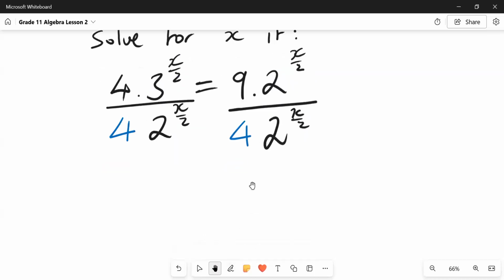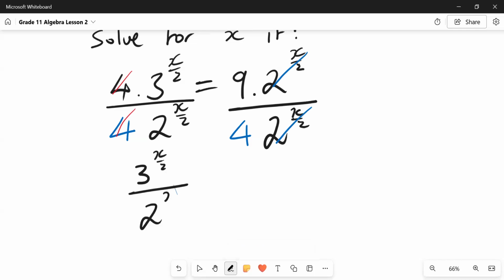And then from here, 4 and 4 will cancel on this side, and then 2 to the power of x over 2 will cancel on our right hand side. And then you'll be left with 3 to the power x over 2 over 2 to the power x over 2 is equal to 9/4.